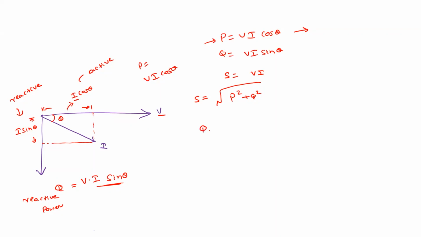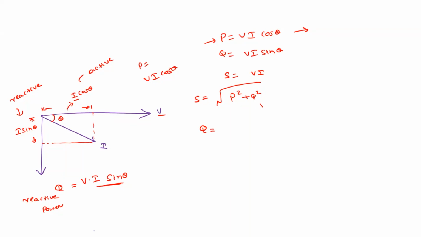And we have this reactive power Q. So this is the peak rate of energy storage in the reactive elements, right? So we have reactive elements, and in that case we have some energy storage. So the peak rate of the energy storage in reactive elements is known as reactive power.